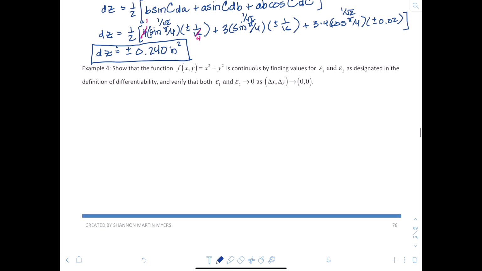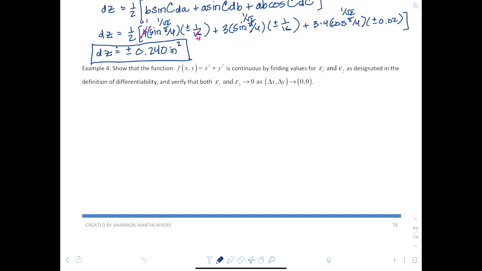And then example 4, show that the function f of x and y equals x squared plus y squared is continuous by finding values for epsilon 1 and 2 as designated in the definition of differentiability, and verify that both epsilon 1 and epsilon 2 approach 0 as delta x and delta y approach 0, 0.